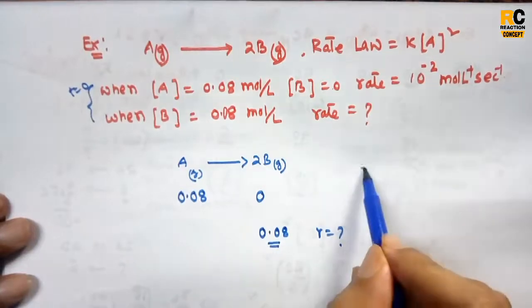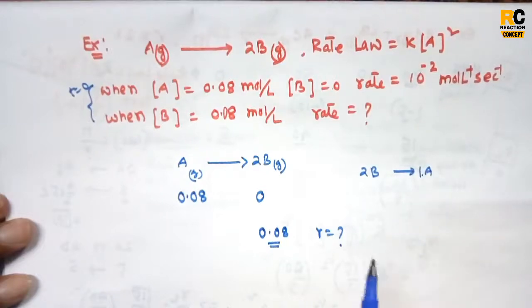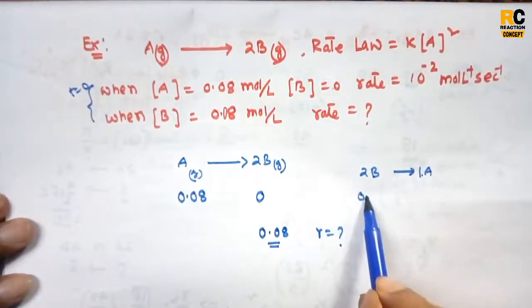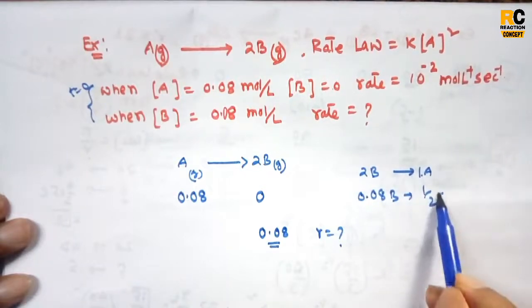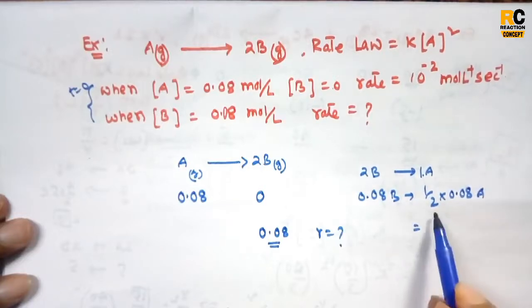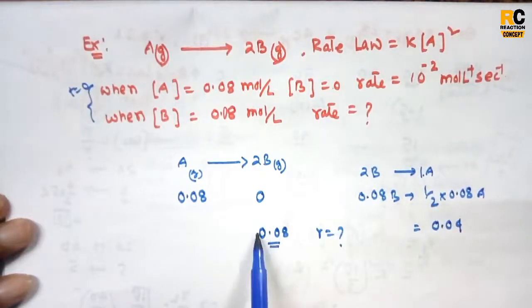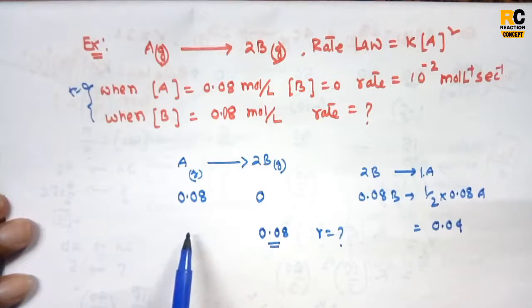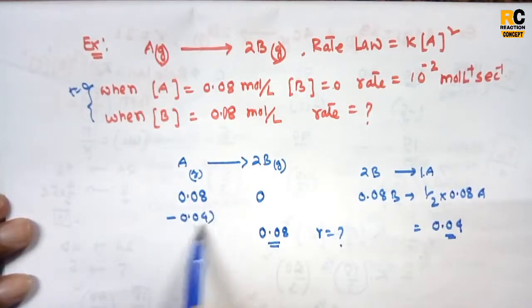You see, 2 moles of B are produced from 1 mole of A. So 0.08 mole of B would be produced from 1 by 2 into 0.08 of A, so it would be 0.04. So to produce this amount of B, the amount of A reacted should be 0.04.